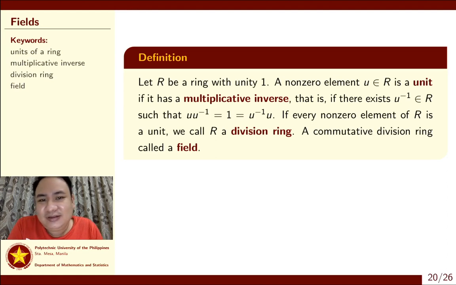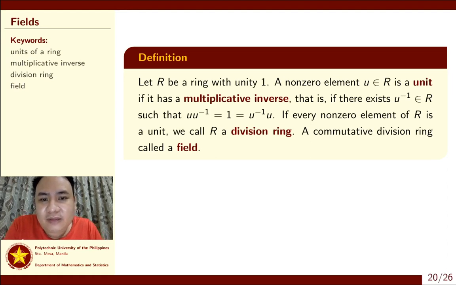Kasi parang sa sense ng real numbers, para mong i-allow na mag-divide by 0, which is of course not allowed. Okay? Ibig sabihin ng multiplicative inverse is just an element symbolized by u to the minus 1, so that when u to the minus 1 gets multiplied to u, ang sagot ay yung unity na 1. Okay?